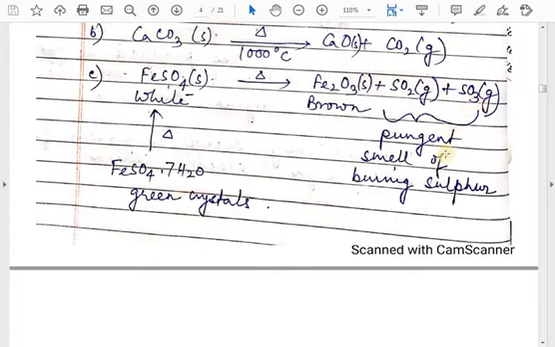Due to the presence of this mixture of sulfur dioxide and sulfur trioxide, a suffocating and pungent smell of burning sulfur is obtained. So remember this equation. First a green crystal to white solid. White solid when heated gives you a brown solid, which is called ferric oxide. Fe2O3 is called ferric oxide.